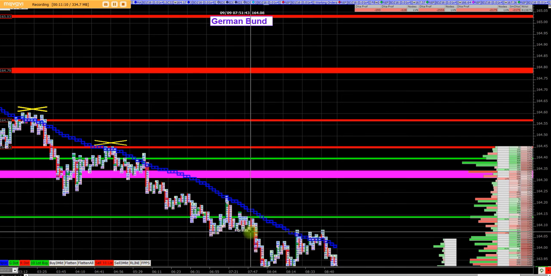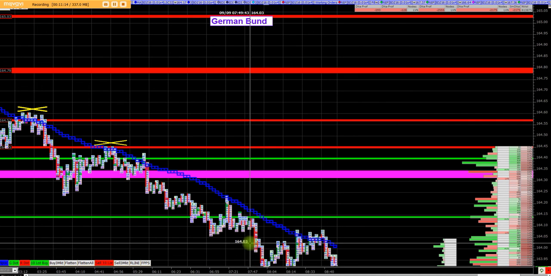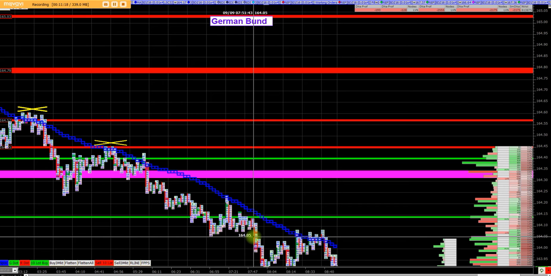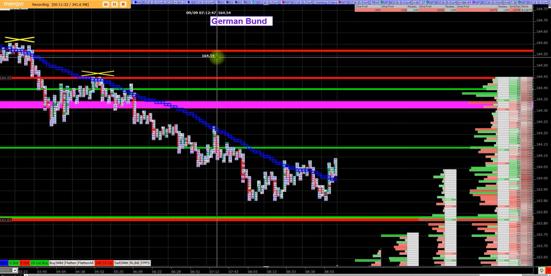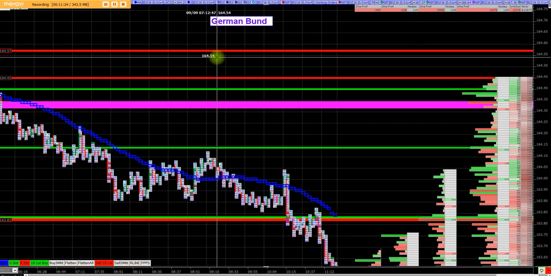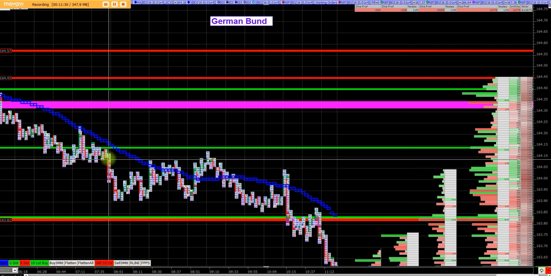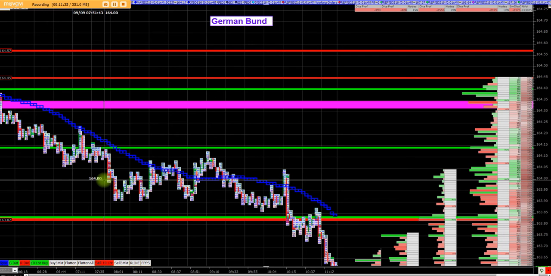So we break lower, and we've got red, red, red, red, red, right, all the way down. Now, when you start to see that, let me move this up a little bit. When you start to see this red, red, red on one bar like this, this is telling you that maybe the bears are getting a little too complacent.